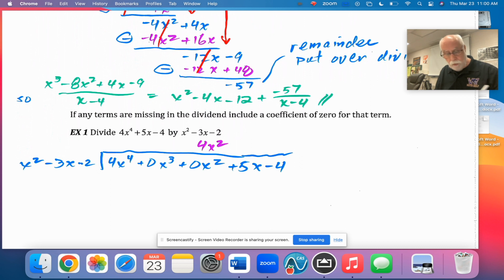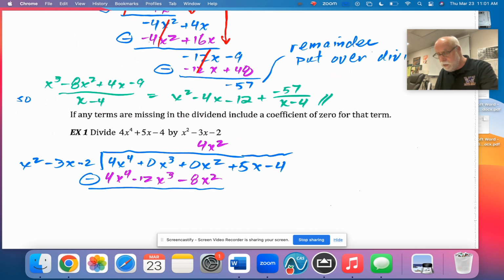And if we do that, we'll get 4x to the fourth, excuse me. We'll have negative 12x cubed. And we'll have negative 8x squared. Again, we're going to subtract those.